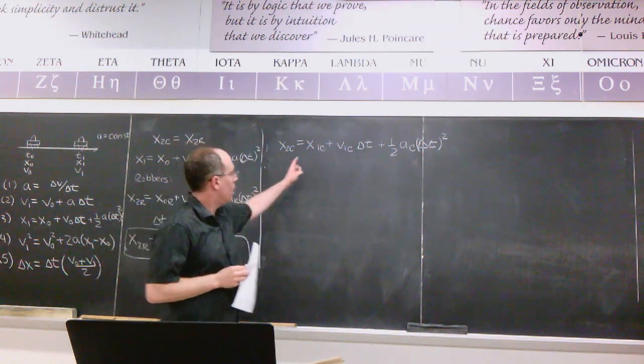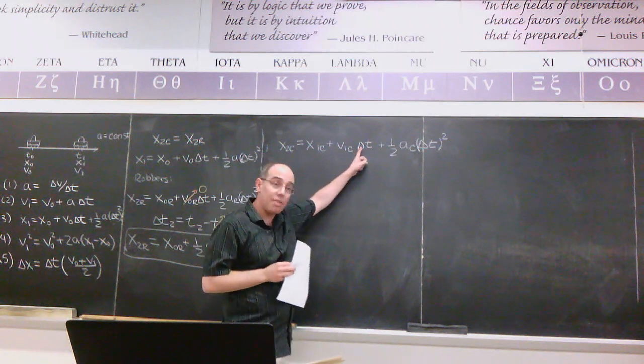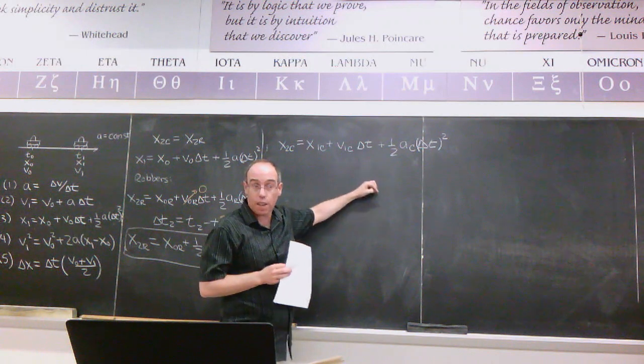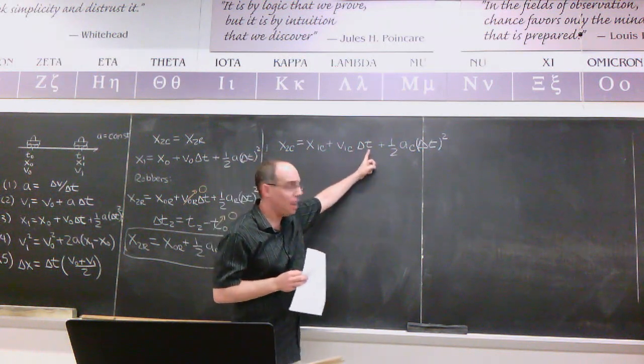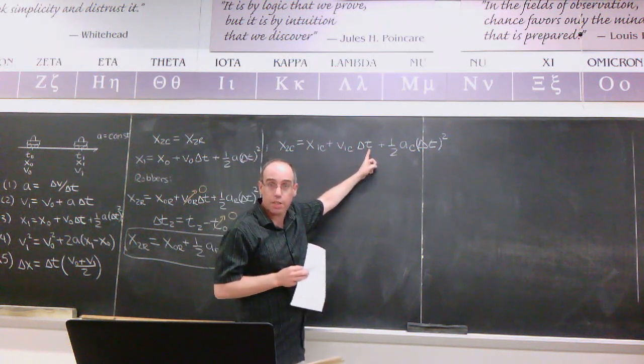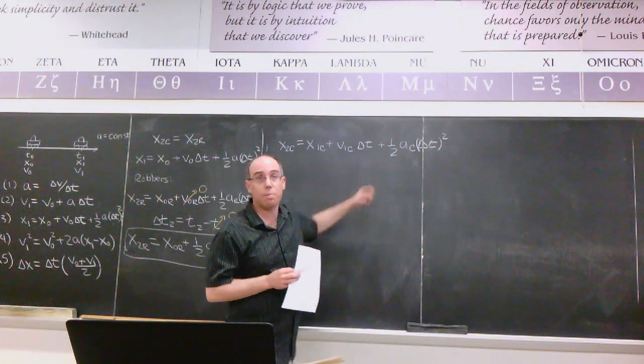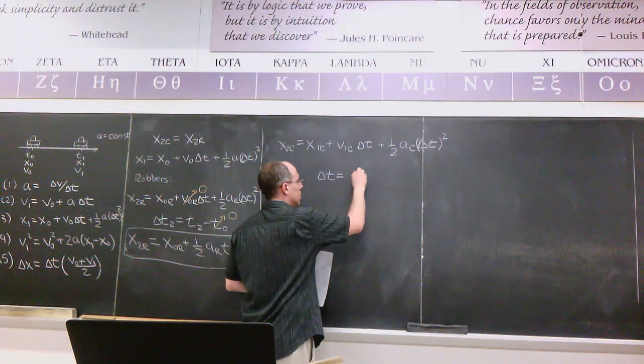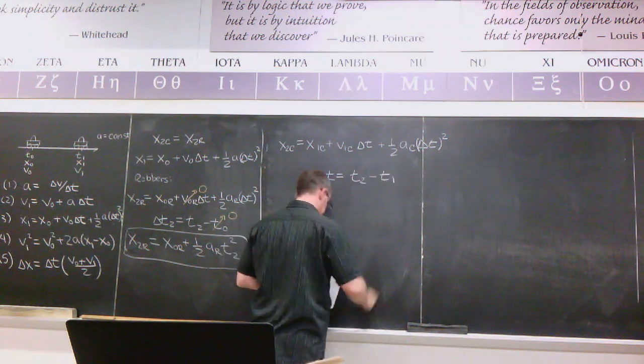Now, the cops only have their constant acceleration from time 1 to time 2, right? So delta t here represents the time interval from time 1 to time 2. So we would write delta t equals t2 minus t1.